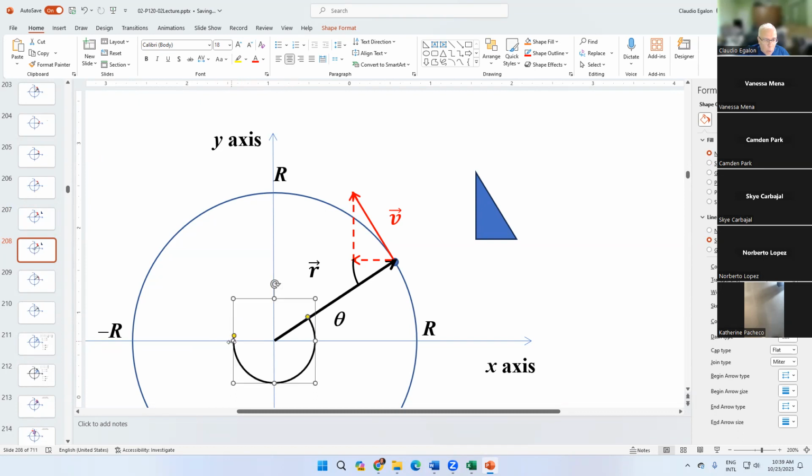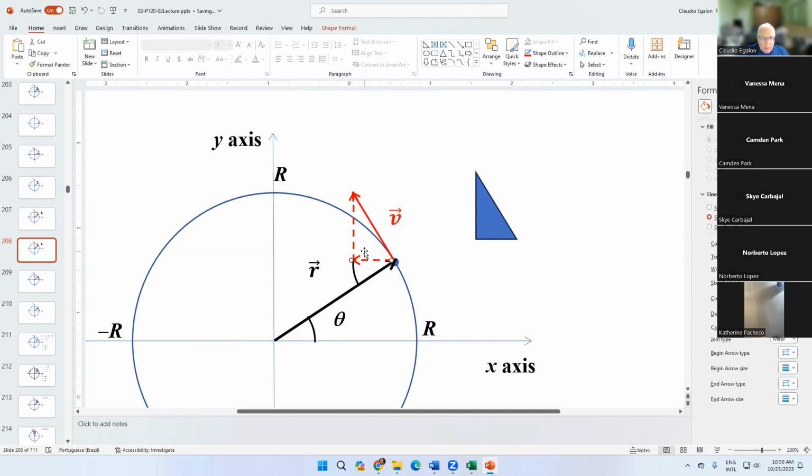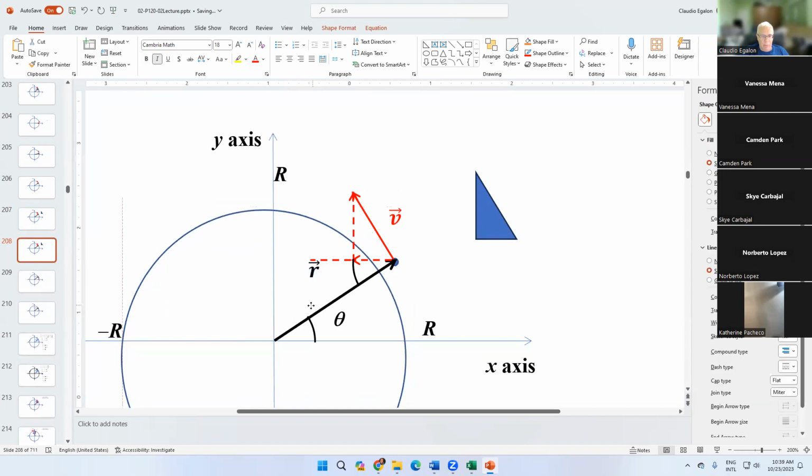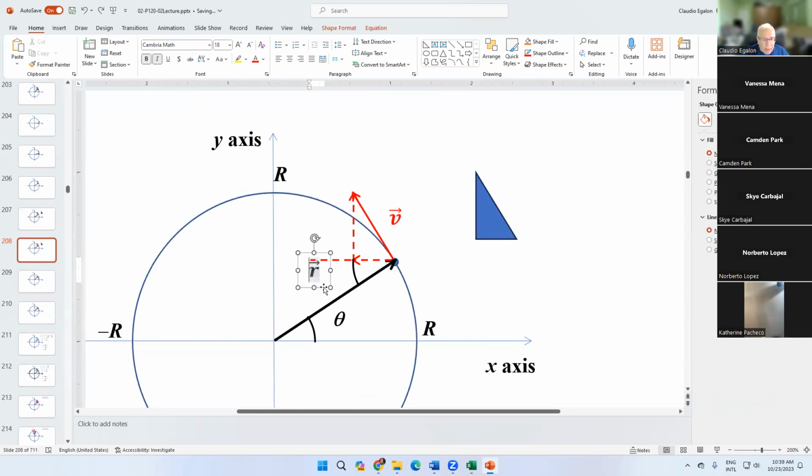Theta. And I can even extend this thing, right? And take out the arrow. Here you go. So it's easier for you to believe that.